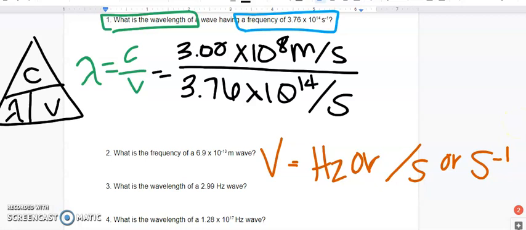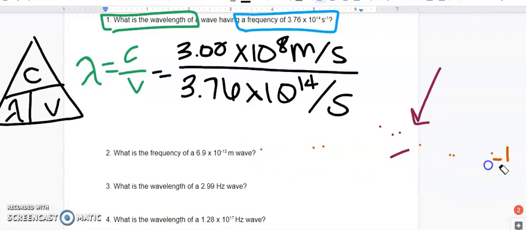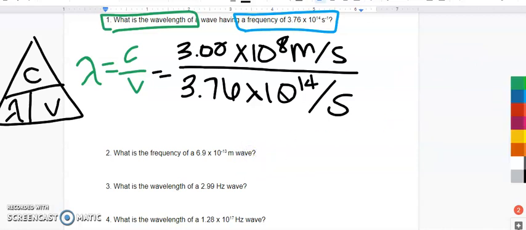Frequency is the count, pretty much like miles per hour, so it's a number per second: how many wave cycles we can get through in 1 second. I generally rewrite all of mine as per second because I'm more used to seeing miles per hour, things like that. A lot of times when we see a negative exponent, we just don't really know what to do.